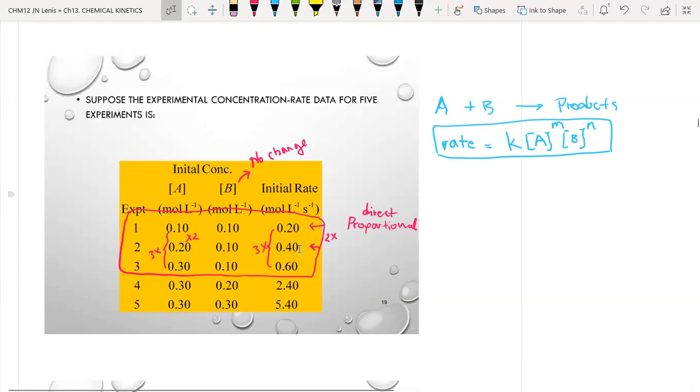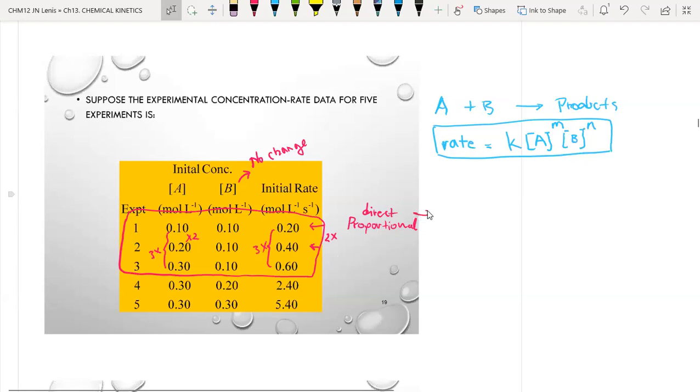It's linear. The increment is linear. When you observe that, you say the increments on concentration of A are proportional to the increments in the initial rate at the same proportion.